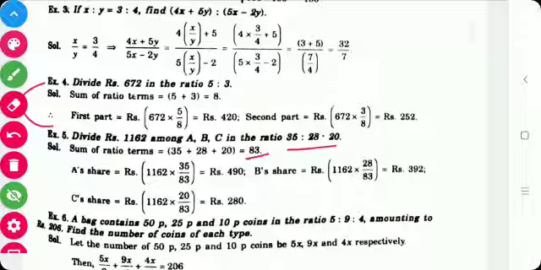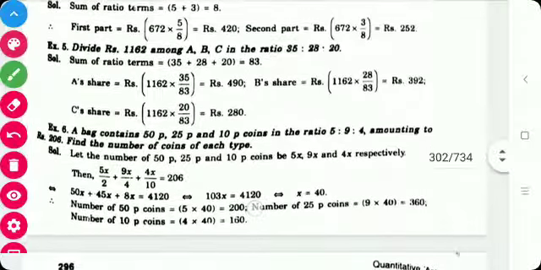Now A's share is 1162 into 35 upon 83, so it is 490. B's share is 1162 into 28 upon 83, which is rupees 392, and C's share is 1162 into 20 upon 83, so it is 280.